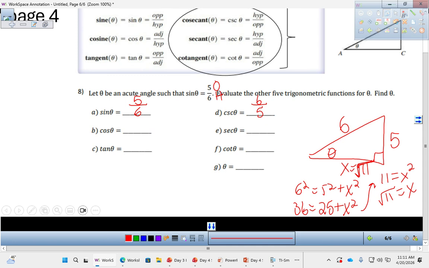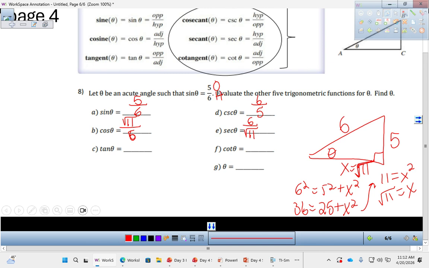All right, cosine is adjacent over hypotenuse. So if this is my angle here, the adjacent side length is root 11, and the hypotenuse is 6. So if I want to take the reciprocal of that, if I flip it, I end up with a root on the bottom.